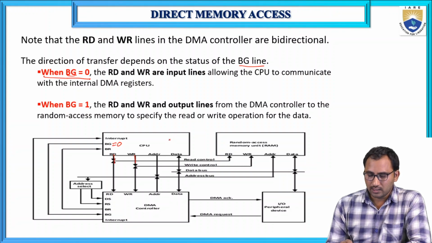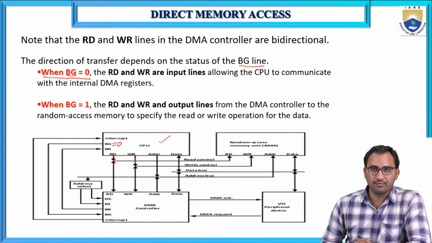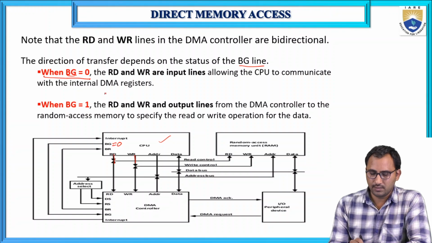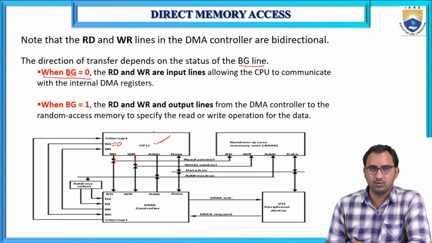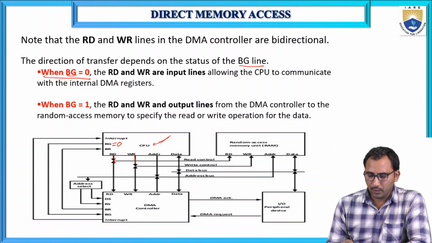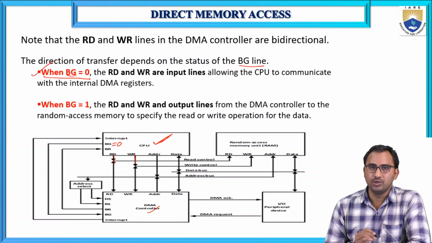That means the CPU is communicating with the internal registers of the DMA. When BG is equal to 0, the CPU has control of the buses. So the read and write lines act as input lines, so that the CPU can communicate with the DMA internal registers. That is the case when BG is equal to 0.